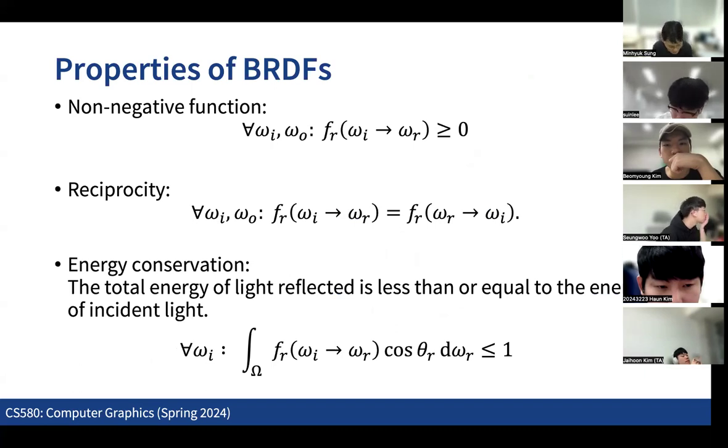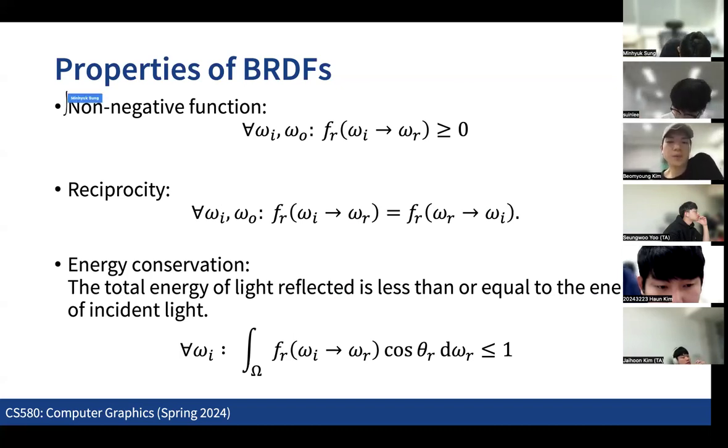The first property is that the output of the BRDF should be a non-negative number, because there is no negative quantity for radiance or other radiometric quantities. So the BRDF, this ratio, should also be non-negative.